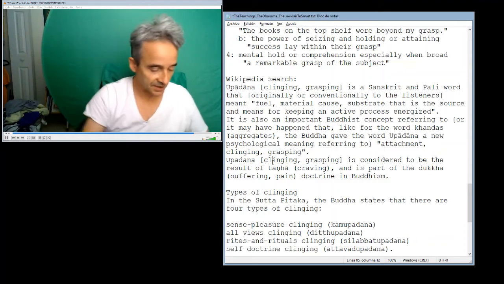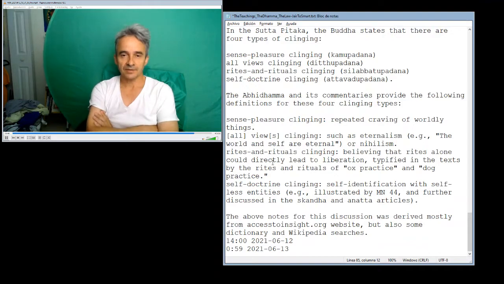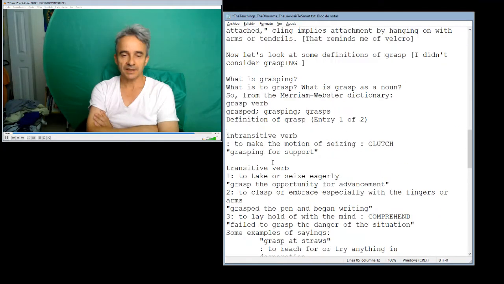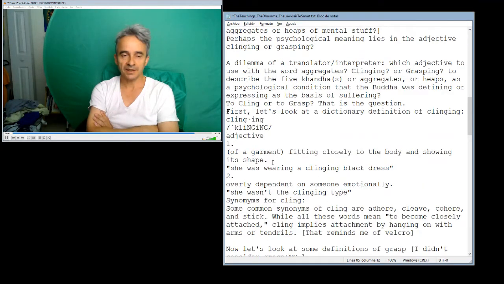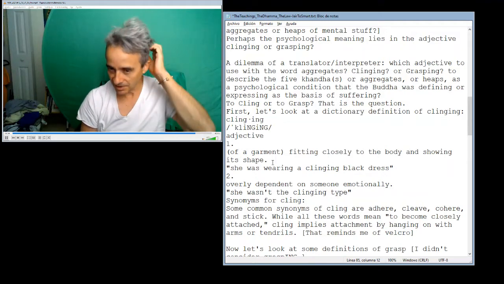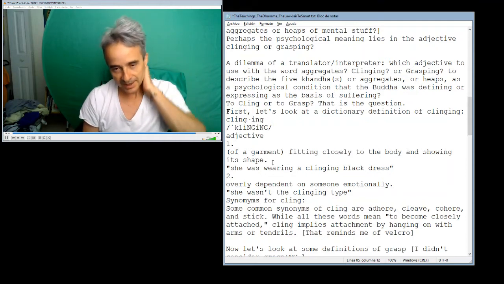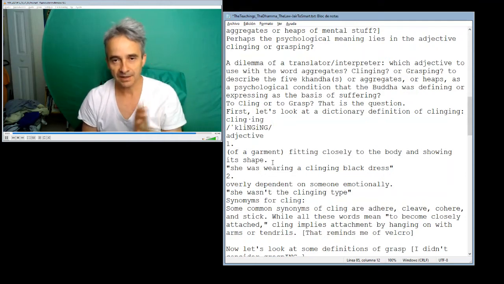While I was discussing this topic, I was on the Access to Insight website coming up with these notes, and I also searched on Wikipedia and on dictionaries online to come up with all these notes.